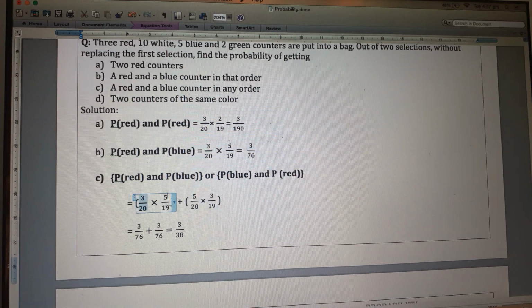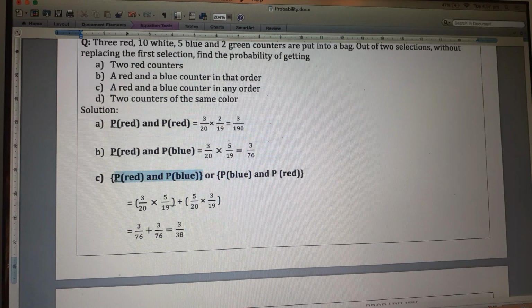After this, when I go for my second selection, the total number of counters will be reduced from 20 to 19 as I have taken out a red counter. However, blue counters will remain the same because taking out a red counter does not affect the number of blue counters. However, the total will be affected. So in this case, 3 over 20 for red, and for blue 5 over 19 will be the result.